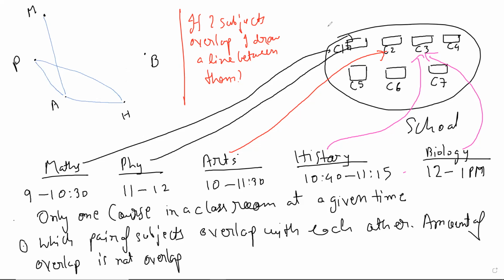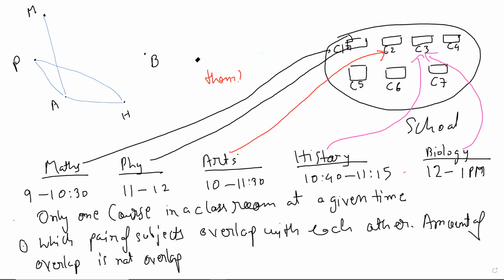All right. So now what should the problem be? What should the question be? So now the question reduces to, I need to color the vertices. I need to color these points. Right? That's what I get, right? I need to color these points, meaning that coloring is now doing the role of assigning the classrooms. Okay.